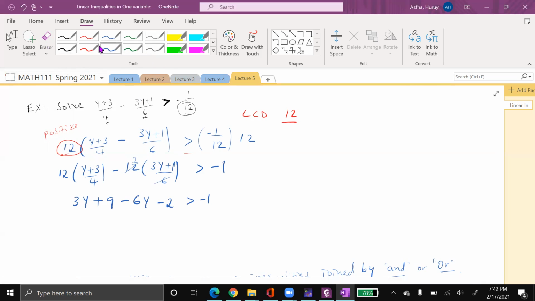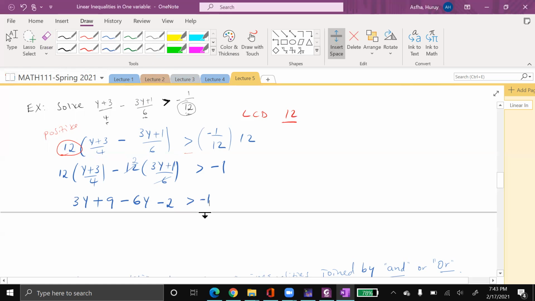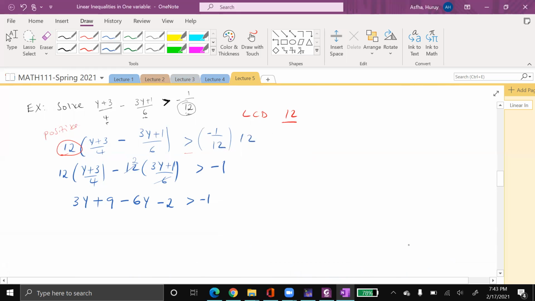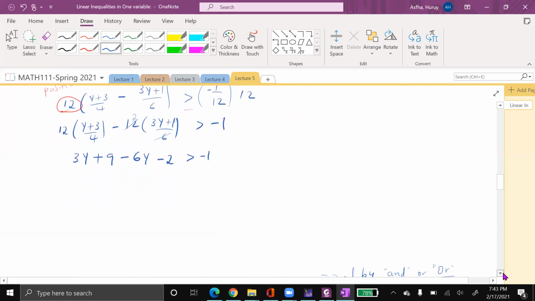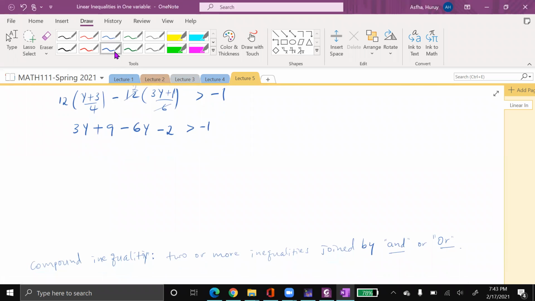Now, just like what we were doing with linear equation in one variable, for this one, again, you have to add or bring like terms together, okay? So here we have 3y and negative 6y. And we have to add this. These are the same term, right?